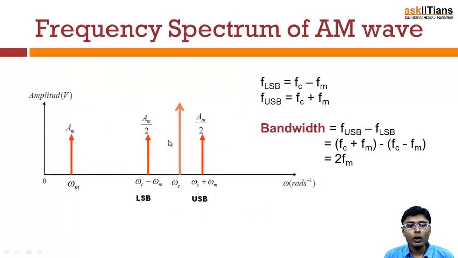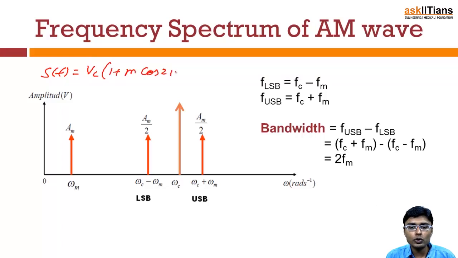Let's see how the frequency spectrum of an AM wave looks. As we have seen, the equation of an amplitude modulation signal is equal to Vc (1 + m cos 2 pi fm t) cos 2 pi fc t.